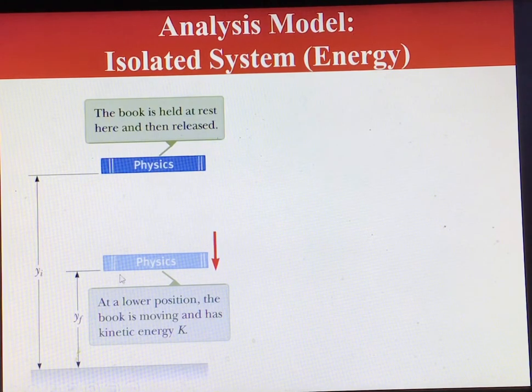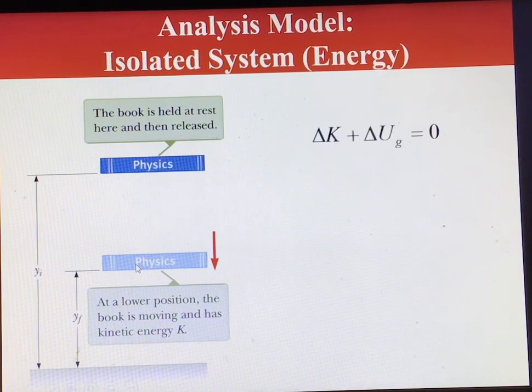This is an example where you have a book and you're moving it down from some initial height to a final height. At this initial height, it has some potential energy. Then when you move it from this point to this point, the potential energy is going to change.